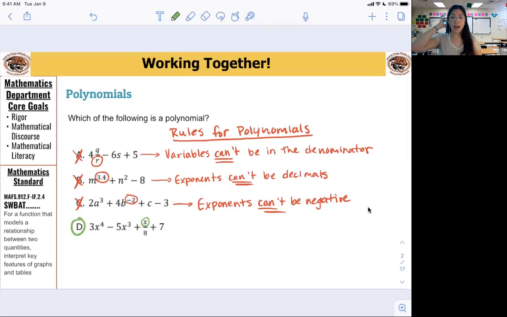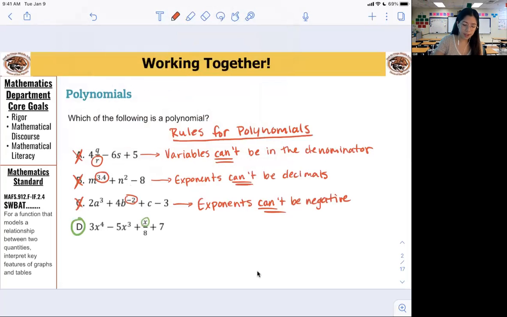So question in the chat, fractions aren't always bad. No, they're not always bad. The only time a fraction is going to be a problem is when it has a variable in the denominator. As long as the variable's in the numerator, you're totally fine.